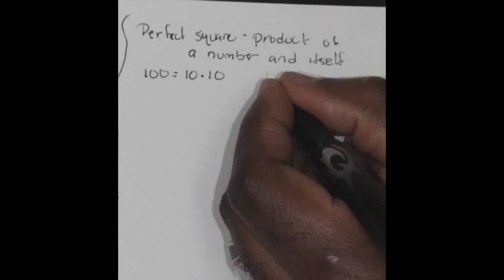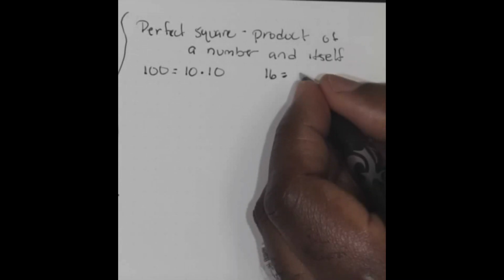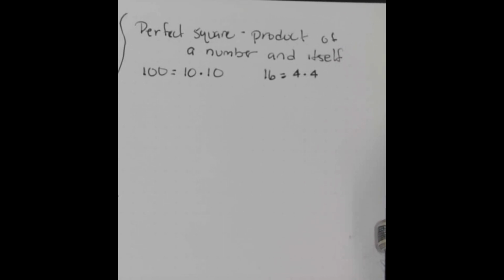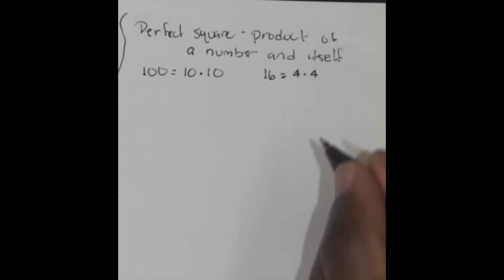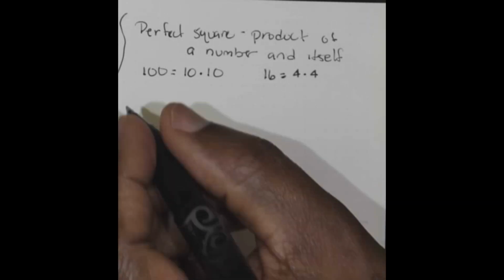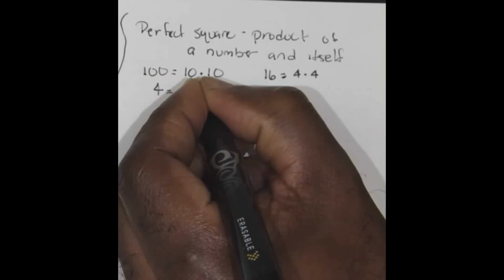Oh, I like that. 16 is a perfect square because what times what is 16? 4 times 4, a number and itself. Give me another perfect square. 4, that's right. 4 is 2 times 2.